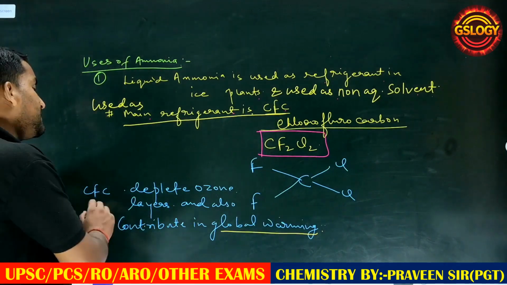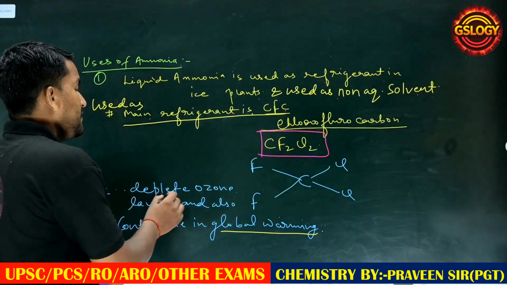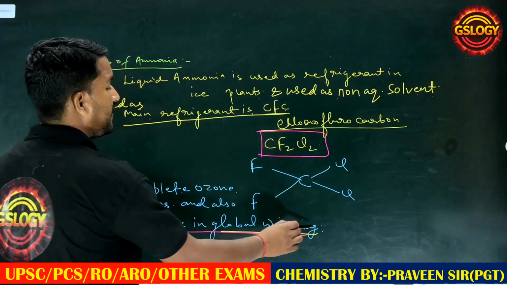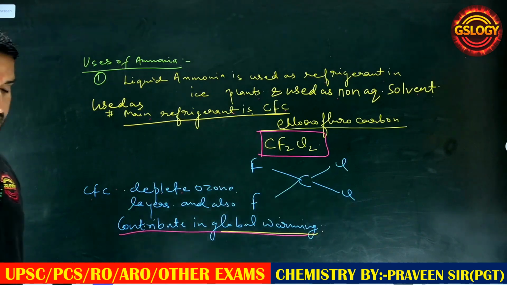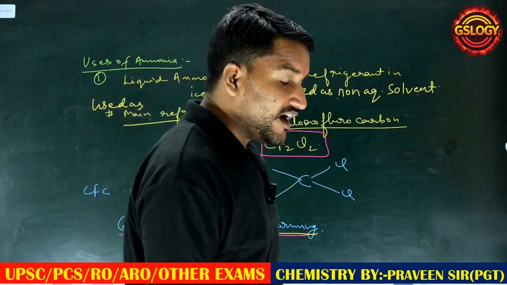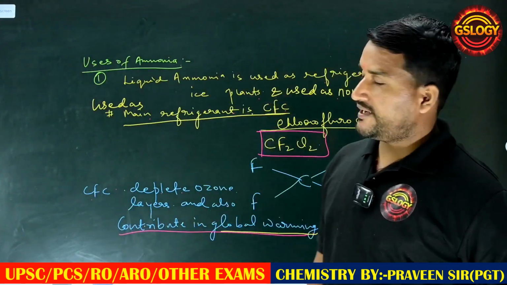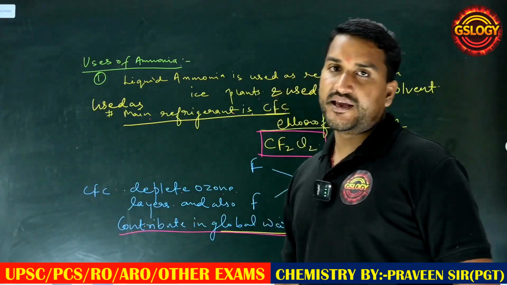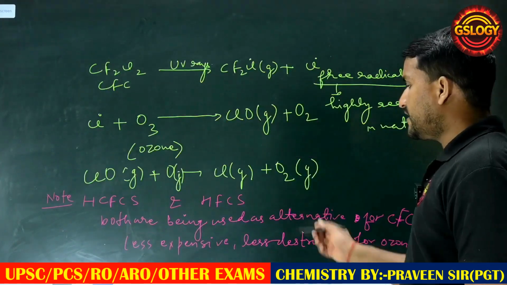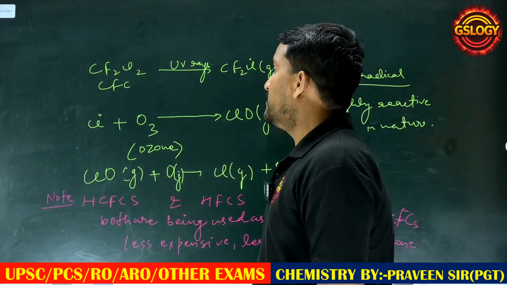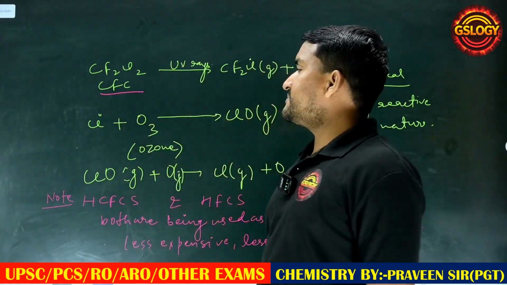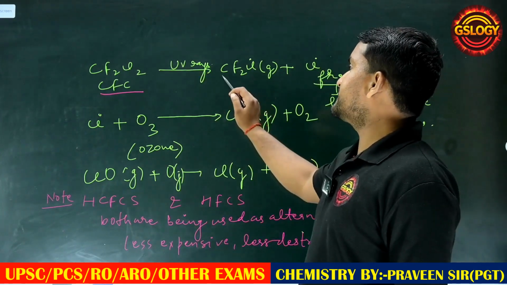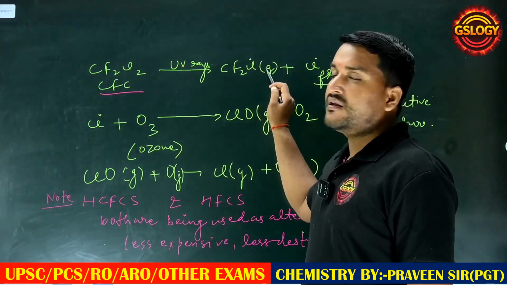CFC depletes the ozone layer and also contributes to global warming. So day by day CFC is harmful to the environment. When CFC comes in contact with UV rays, it gives CF2Cl radical and Cl free radical.